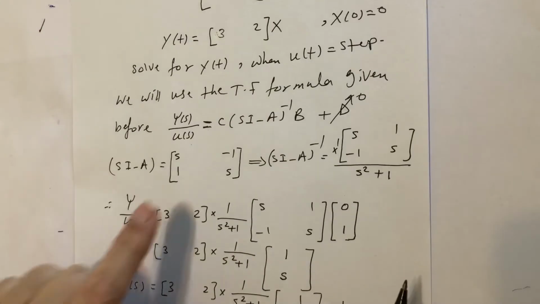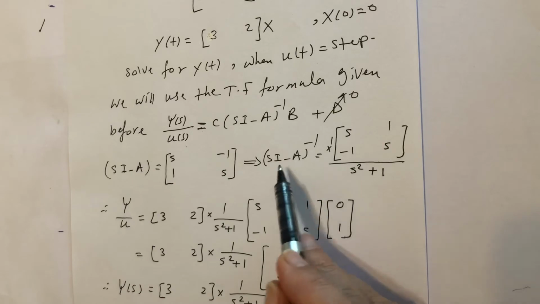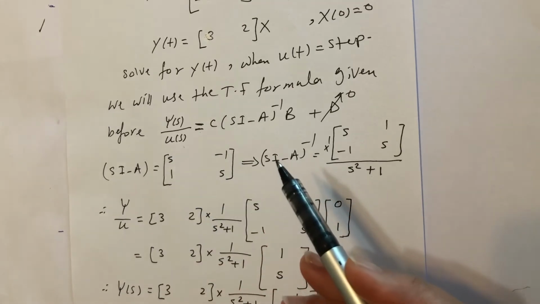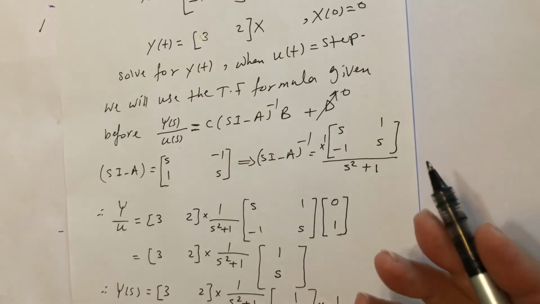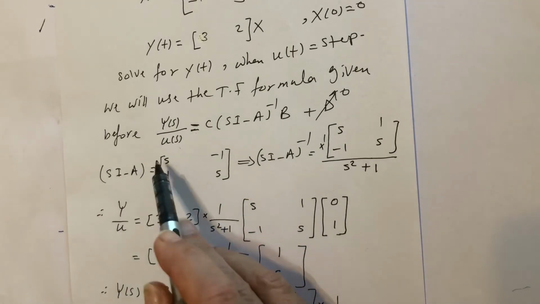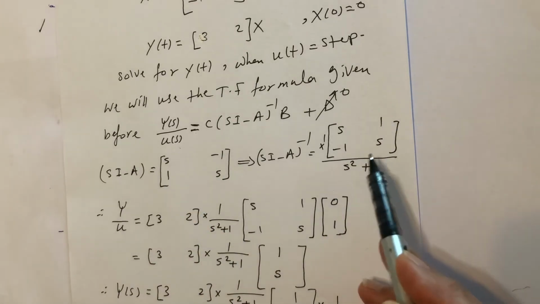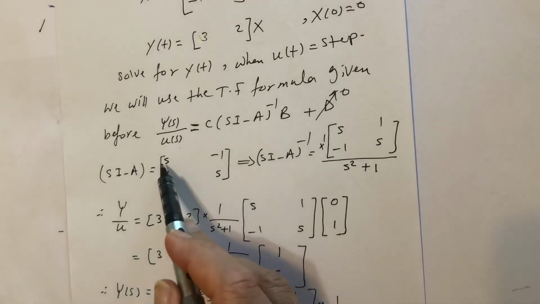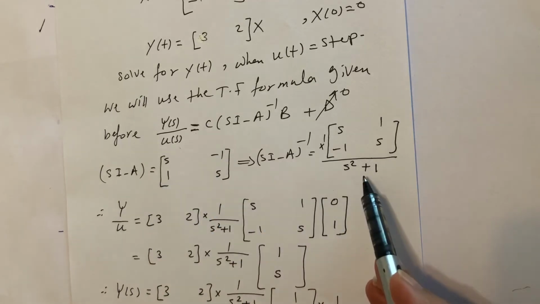Okay, this is sI minus A. So sI minus A inverse will equal, then you remember for a 2 by 2 matrix you can apply the rule for inverting a matrix. Here you swap those on the diagonal, and for the others you only change the sign. So I change the sign, and I divide by the determinant, s times s squared minus 1. So it's minus and minus, so it will be plus 1.